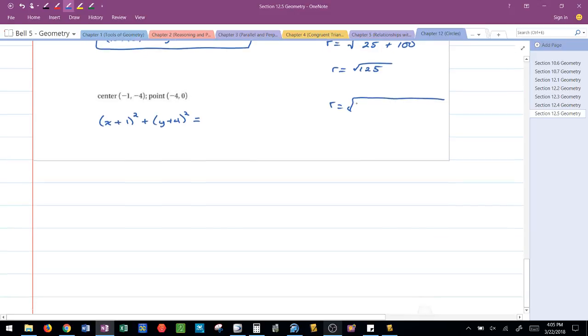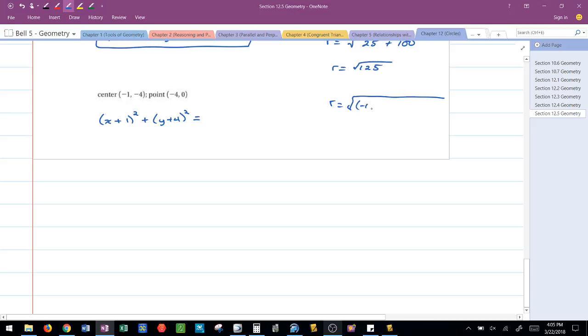The radius is equal to the square root of negative 1 plus 4 squared plus negative 4 minus 0 squared. So negative 1 plus 4 is 3, squared is 9, plus negative 4 minus 0 is negative 4, squared is positive 16, where the radius is the square root of 25.